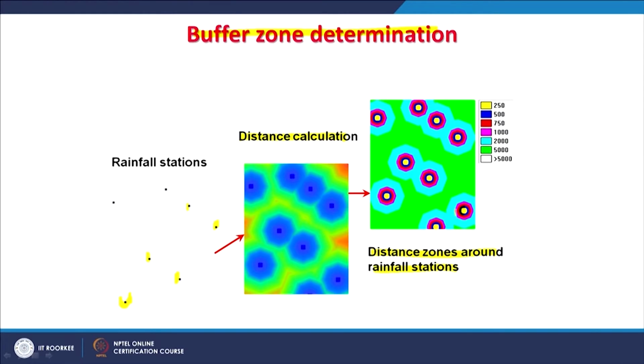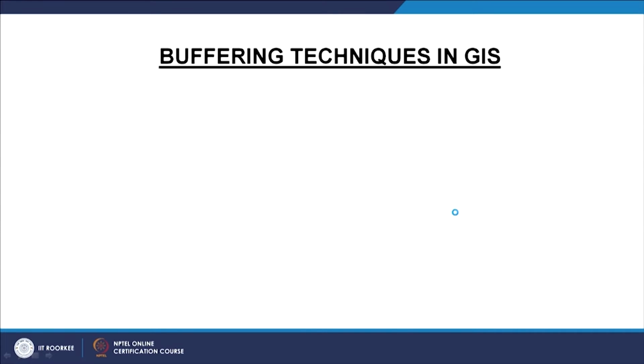As I go away from the station that certainty is not there, but still I can generate buffers like this. So, for different kinds of analysis, buffers can be generated quite easily on a GIS platform.